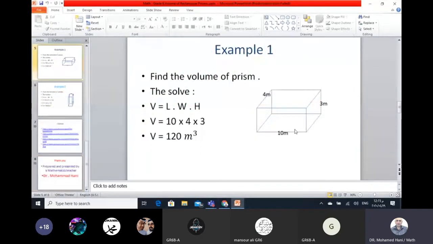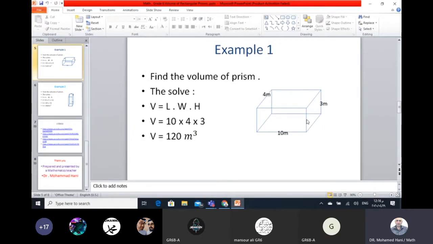For example, find the volume of the prism. I have here a prism, and as you see here, the base is a rectangle, which means I have a rectangular prism. As you see here, we have the length 10 and the height 3 and the width 4. So how do we find the volume?